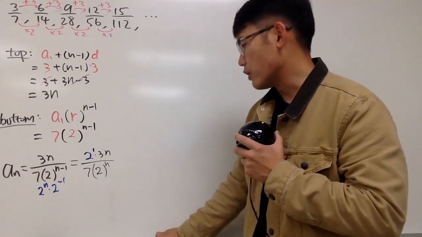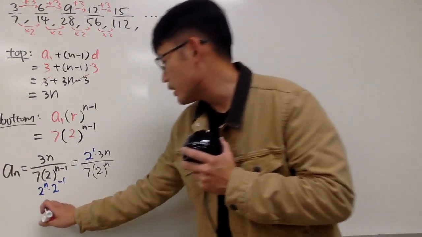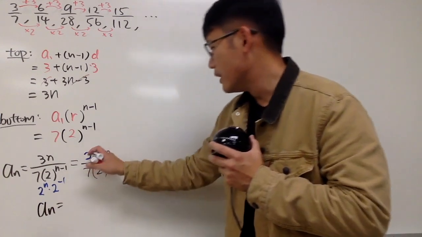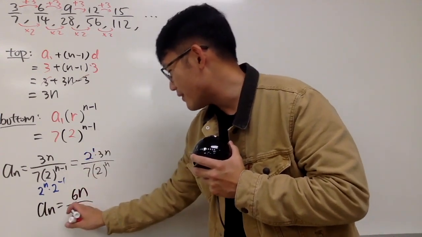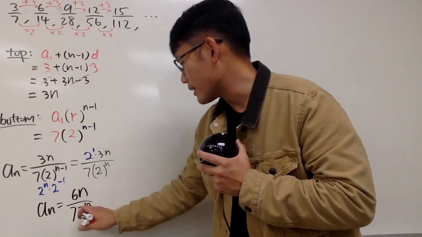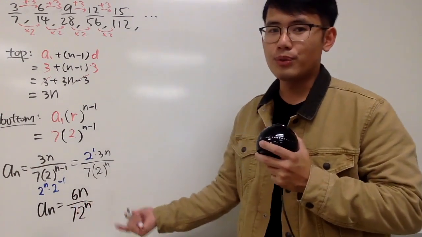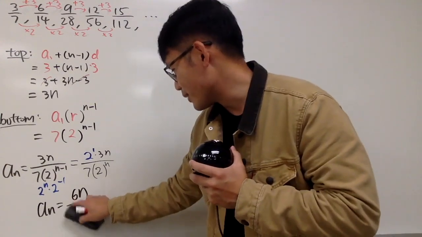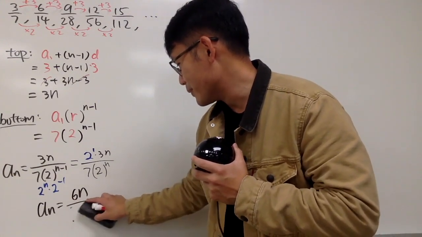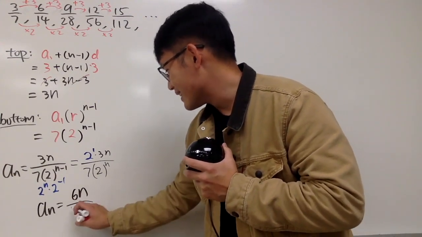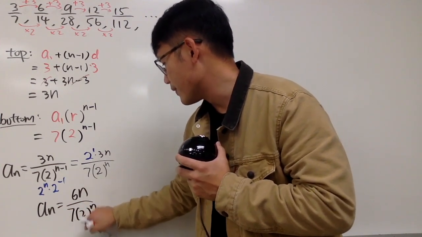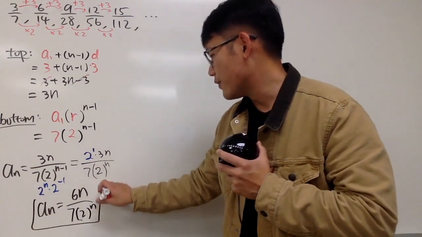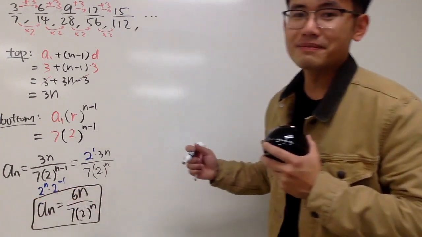And all in all, we can of course simplify this. Finally, we get an equals 2 to the first times 3, of course that's 6n, over 7 times 2 to the nth power, like that. I'll put down parentheses right here, otherwise it looks like 72, which is of course not. All right, so that's pretty much the idea for this. So that's the explicit formula for that.